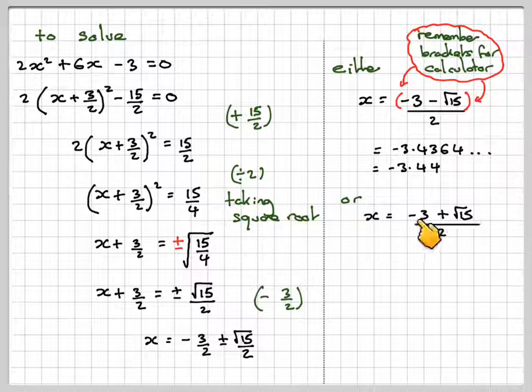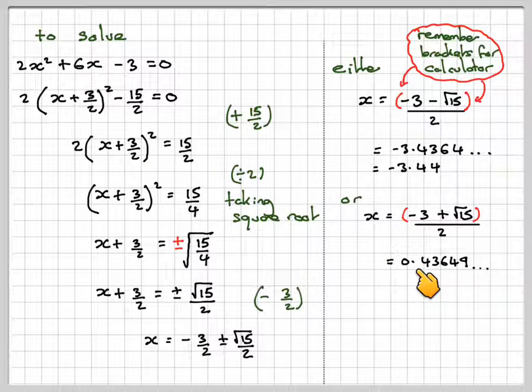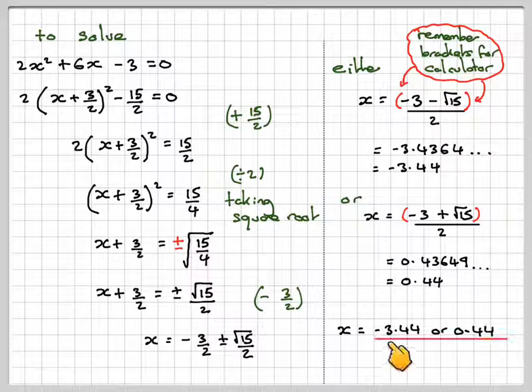Or x is equal to minus 3 plus root 15 over 2. Again, putting in brackets on our calculator, we get 0.43649. So that 6 will make that 3 a 4, so we get an answer of 0.44. So we get the roots, or the solutions, at minus 3.44 or 0.44.